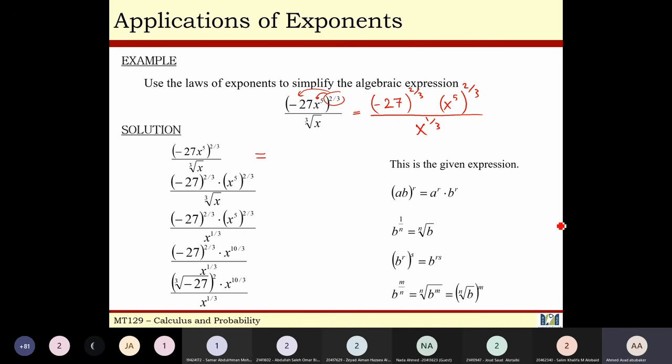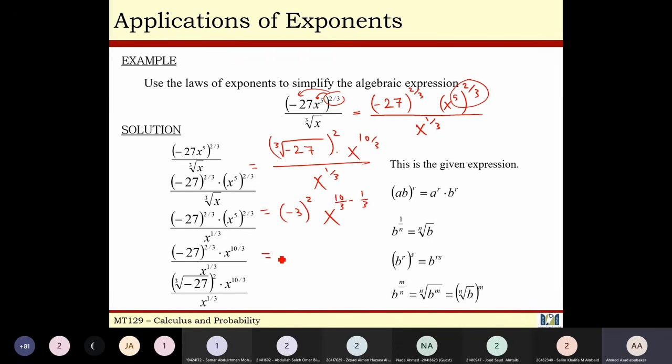Now, 27 with cube roots all square, and we have x to the power 10 over 3 after multiplying 5 with 2 over 3, over x to the power 1 over 3. Okay, now the cube root of minus 27 is minus 3, all squared, and look at this, we can put it 10 over 3 minus 1 over 3, subtract the exponents.